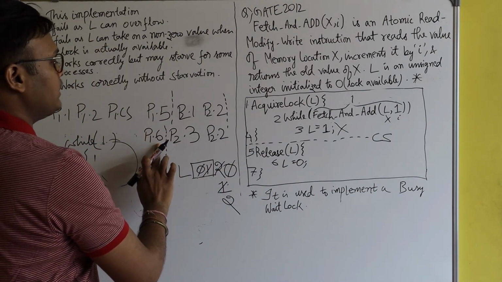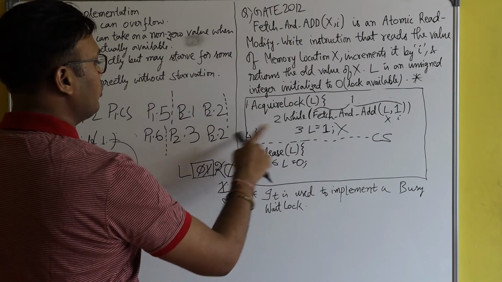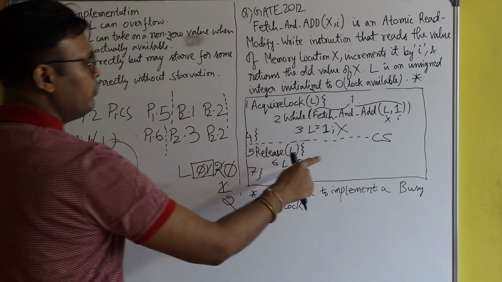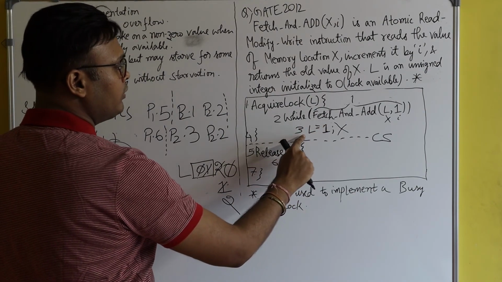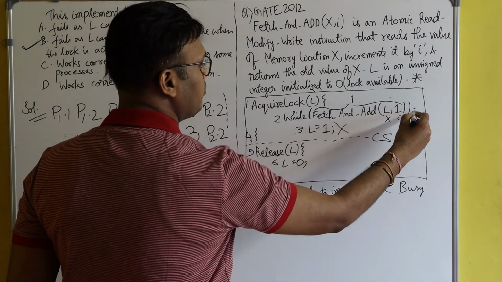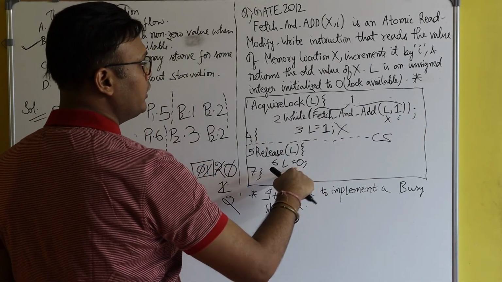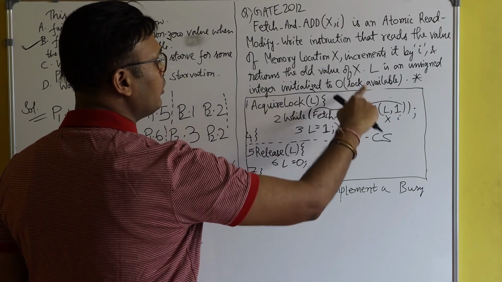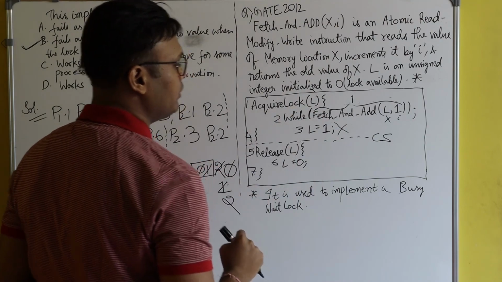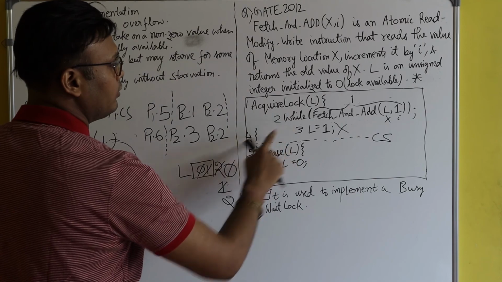Since the lock is available, P2 could easily come out from this while loop. If this L equal to 1 was not there, then there would be a semicolon here. Since the lock value was 0, this while loop could have been broken and P2 could easily enter inside the critical section. So the problem happened due to this line.